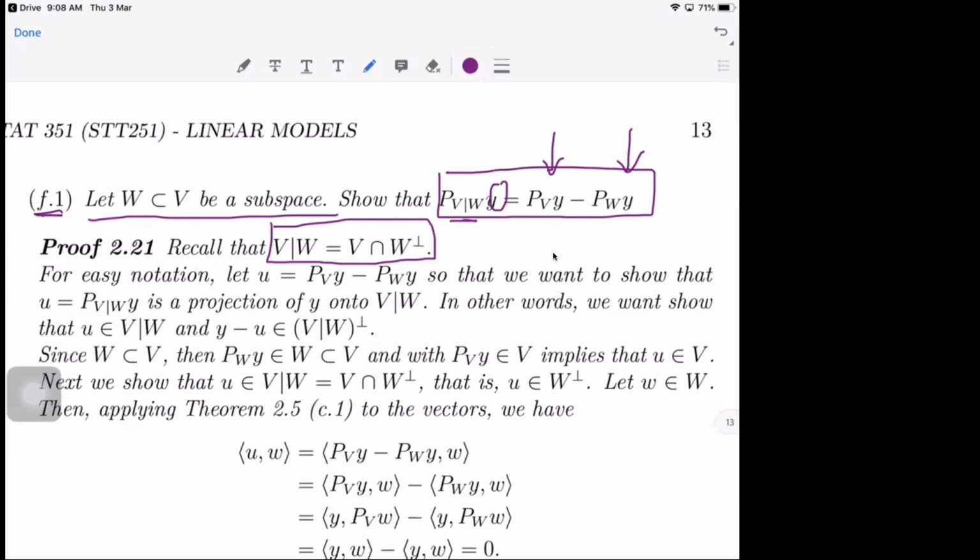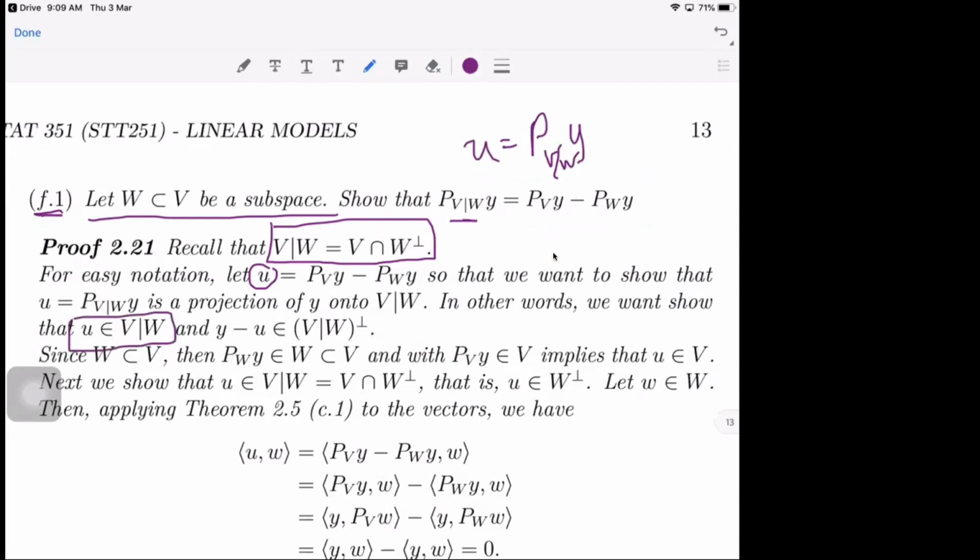So for easy notation, let the vector U be the difference between the projection of Y onto V and the projection of Y onto W. If we want to show that U is the projection of Y onto V mod W, then we have to show that U is in V mod W, by definition of projection, and Y minus U is in V mod W perp.